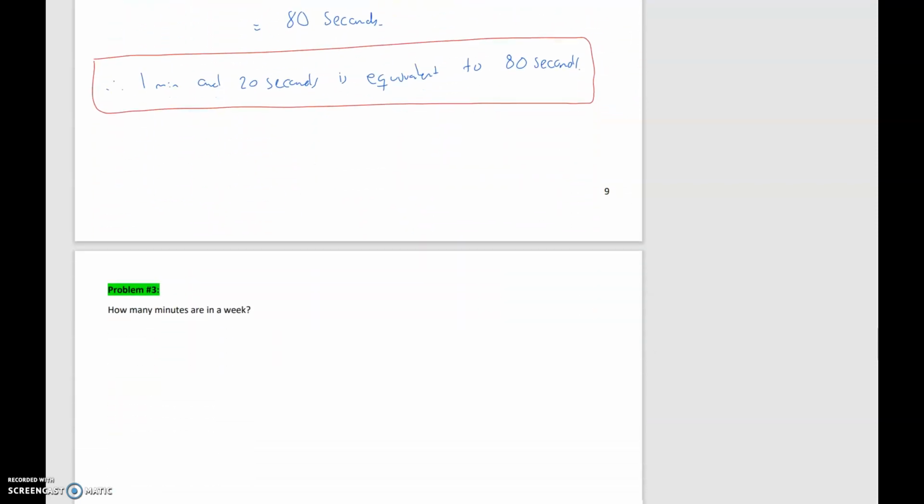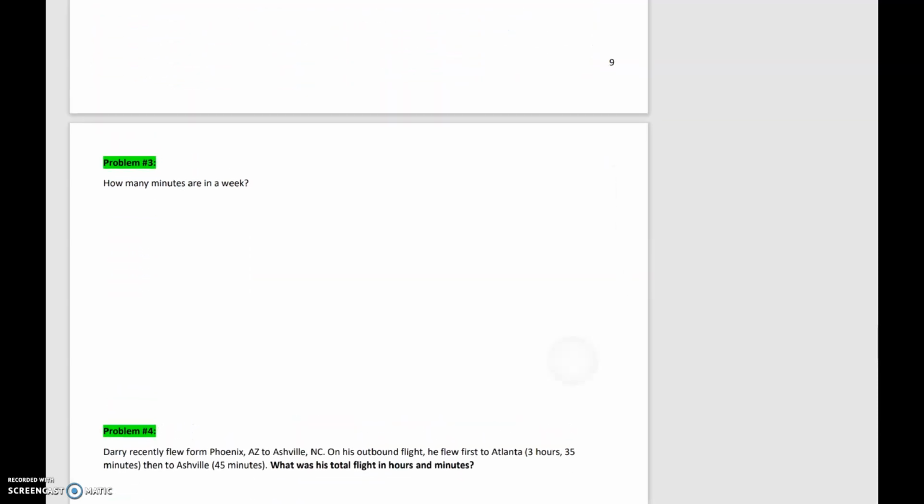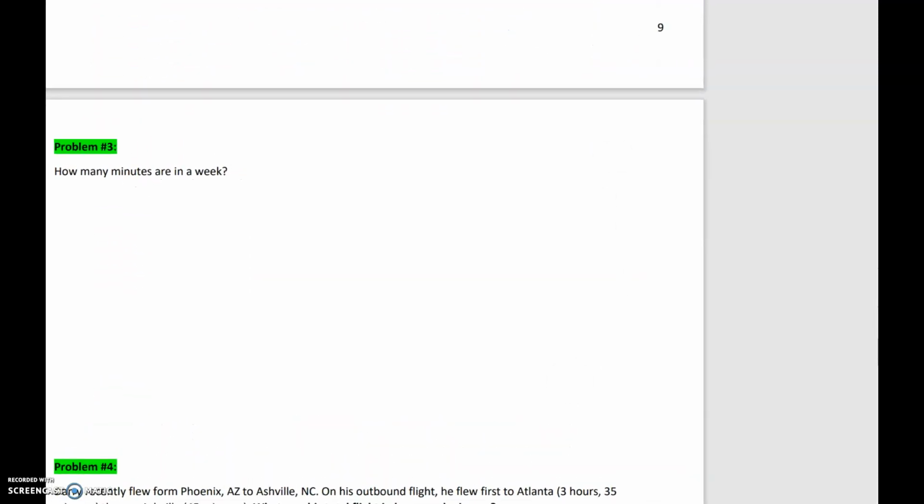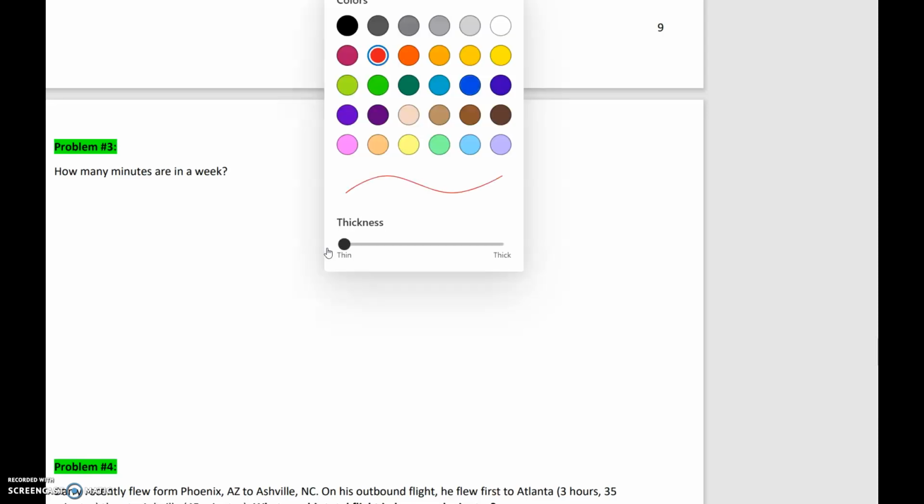Okay, let's take a look at example 3. In example 3, they want minutes in a week. So this one's going to be a little bit messy. I'll throw it into the calculator. So I'll just write it as 1 week. And technically in 1 week, we have 7 days. And in 1 day, we have 24 hours.